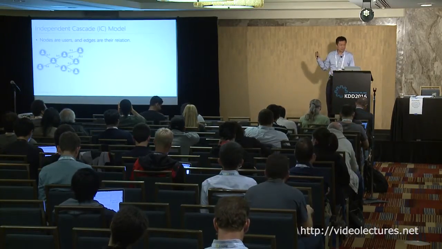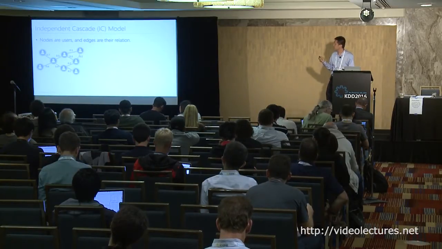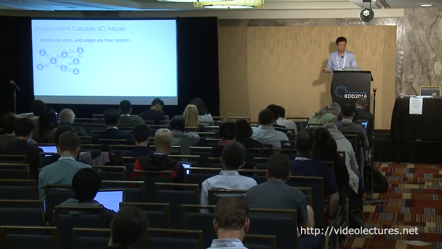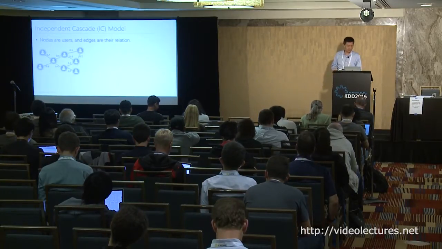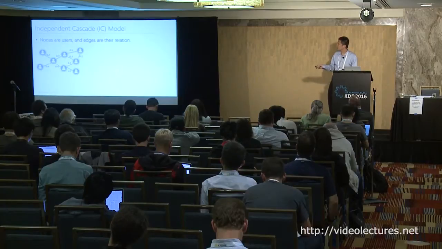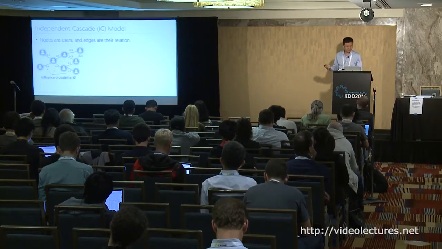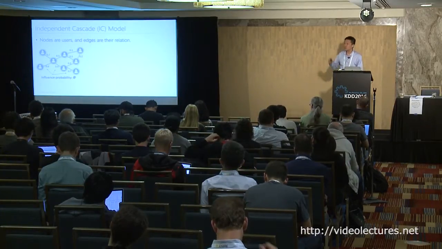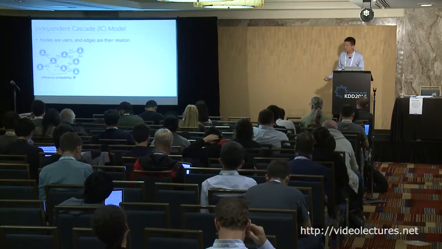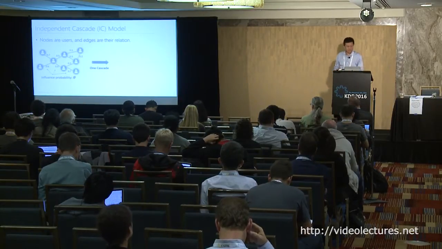There's a classical model called the independent cascade model, which works roughly as follows. Every edge has a probability. Here it is shown as undirected, but it could be directed. We call this the influence probability, and all the probabilities form a vector we call theta, a parameter vector.